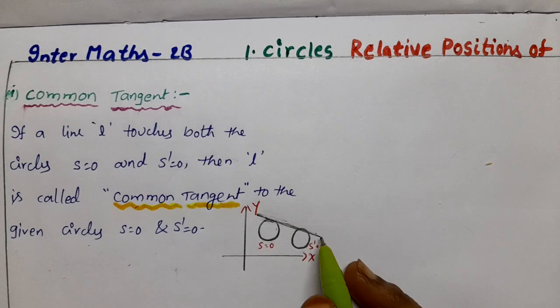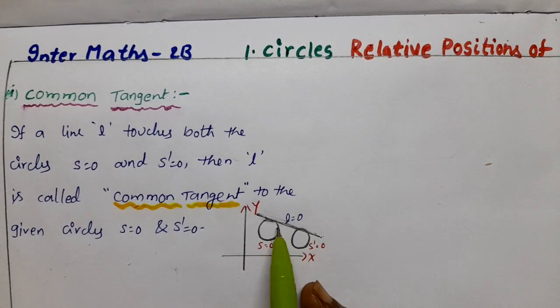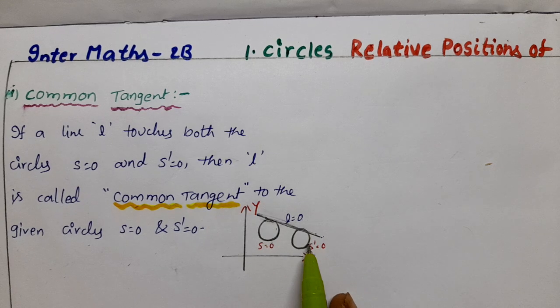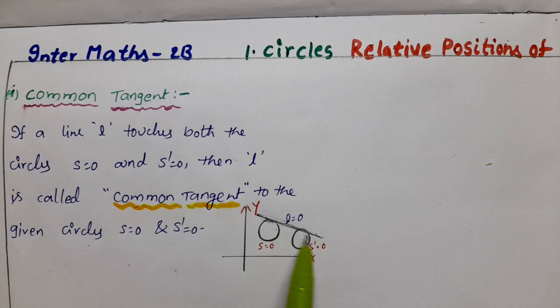So, if a line L equal to 0 touches both the circles at a time, then L is called a common tangent.